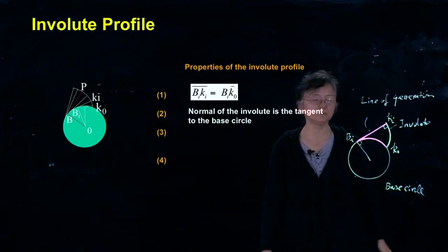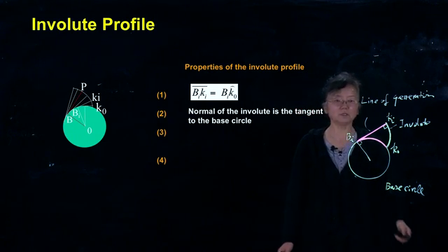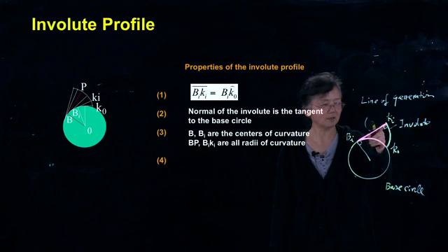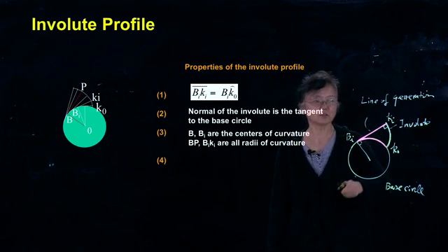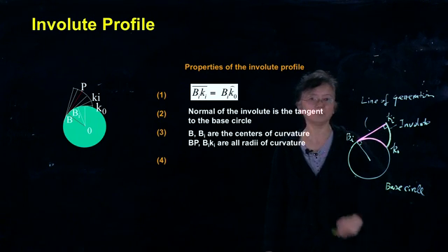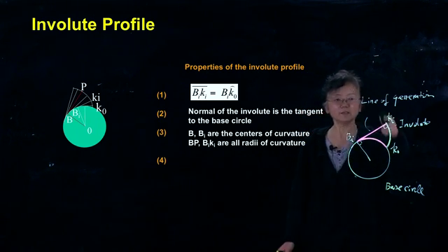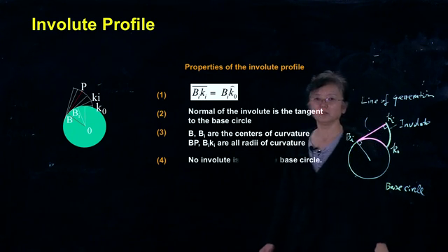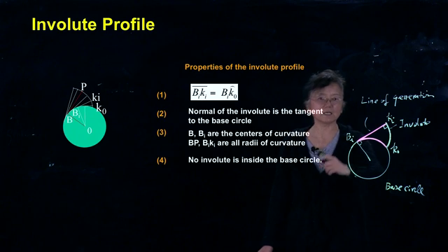Second point. And then the third point, this BI has a particular name. It is the center of curvature. We use this as the center of curvature, and we use this length and plot the involute at this location. So BI KI is the radius of curvature. And the entire process is outside of the base circle, so there's no involute inside the base circle.